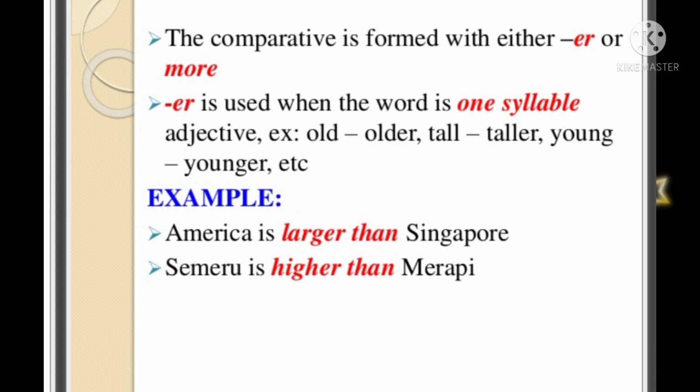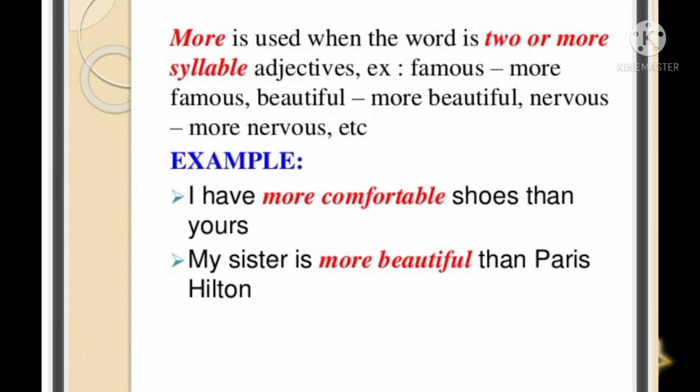So if there is only one syllable, we use comparative degree by adding the suffix er. For words which have more than one syllable, we use more in order to form comparative degree. For example, famous, a two syllable word, so we use more famous.